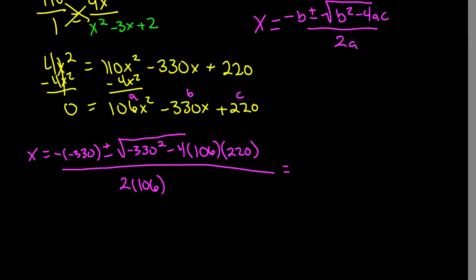Negative times a negative makes positive, so that's going to be positive 330 plus or minus the square root.